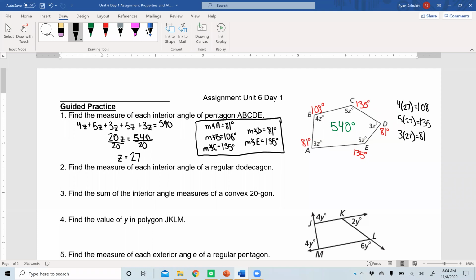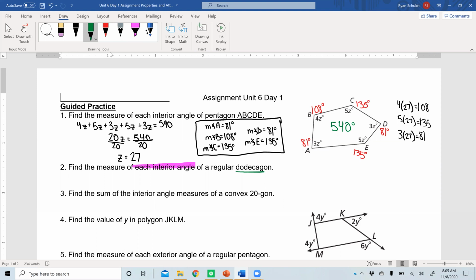Okay, number 2. Find the measure of each interior angle. I'm going to highlight that. Each interior angle of a regular dodecagon.